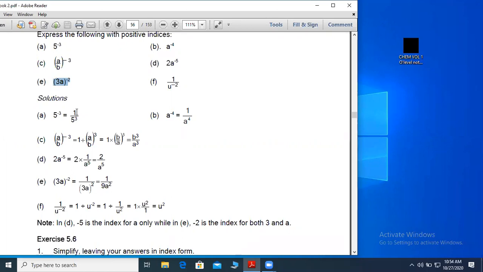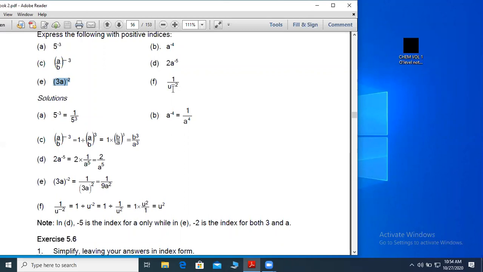So it will be 1 out of 3a to power 2. And 3 squared is 9, and a to power 2 is a squared. So nothing should change. We are just applying the rule.